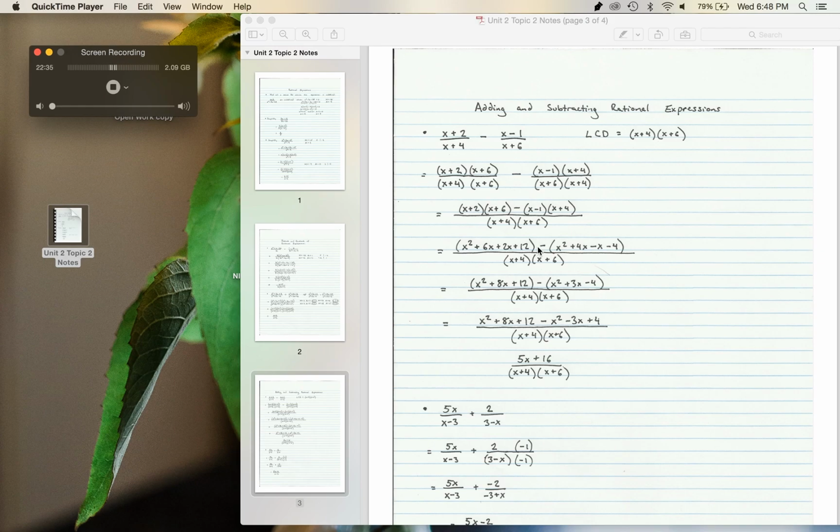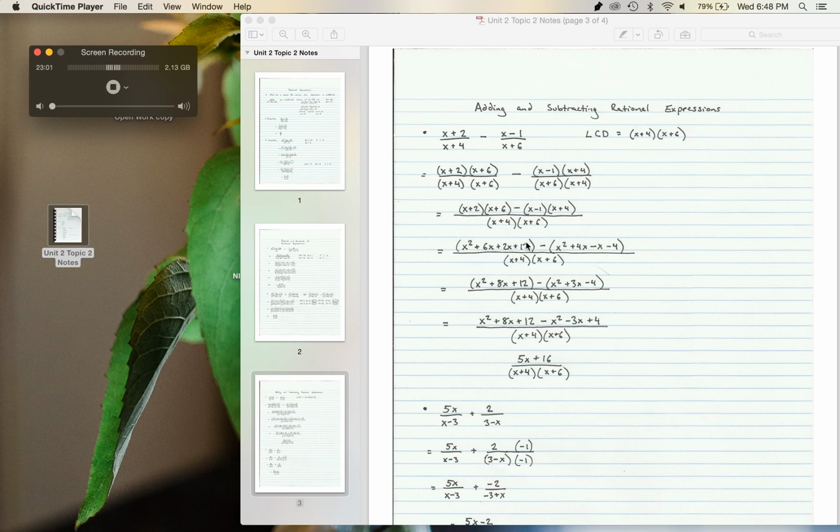At this point, I can distribute this minus sign to every term in my second quadratic here. And once I've done that, I can consider this as well, an addition problem. Just a string of pluses and minuses on the top and bottom. But before I do that, I want to clean up a few things that I see in these quadratics.